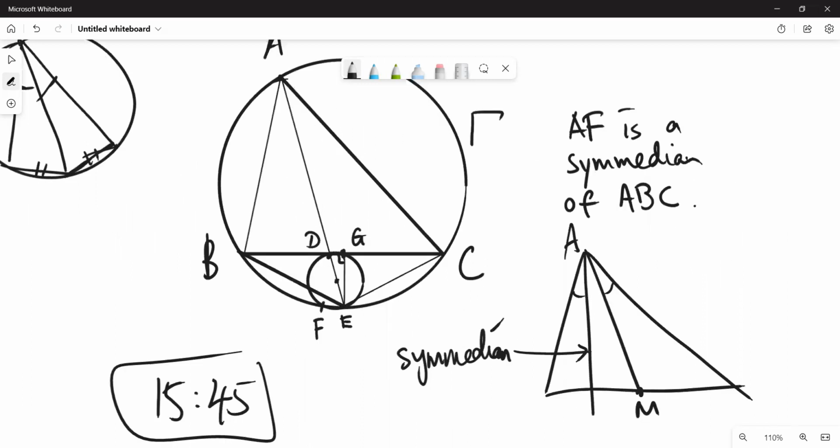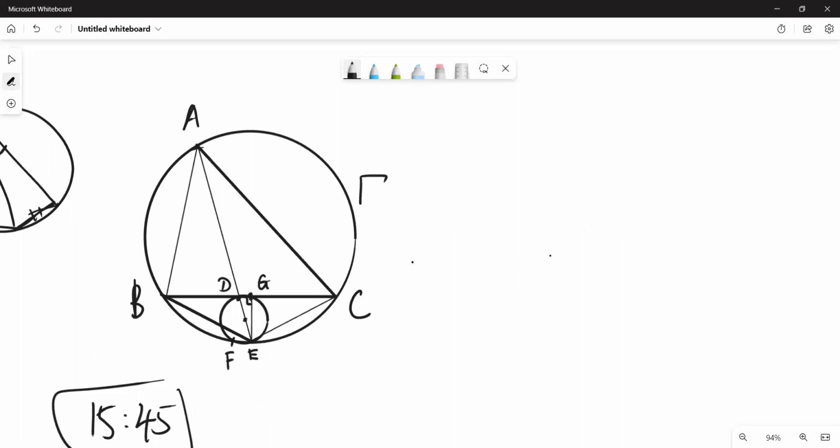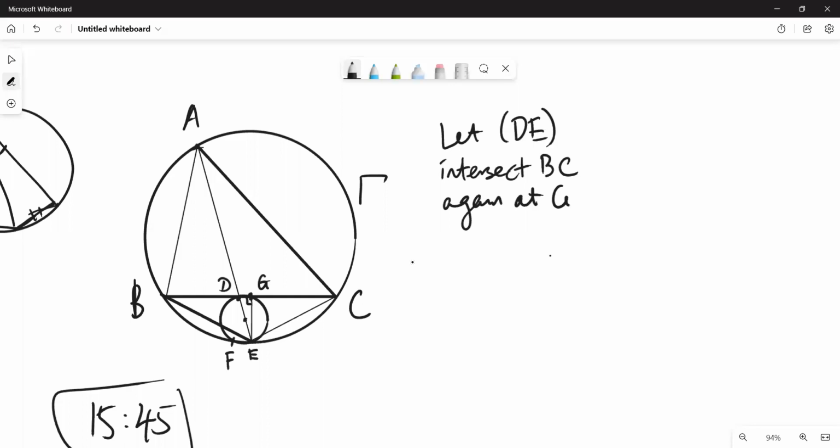So first we know that we let DE intersect BC again at G. Then EG is perpendicular to BC, and hence G is the midpoint of BC.